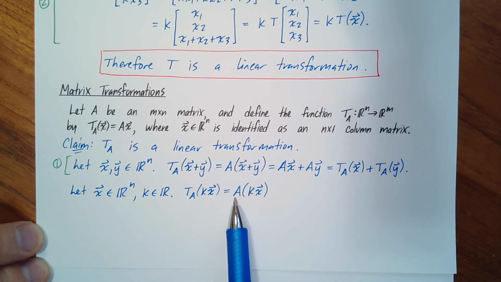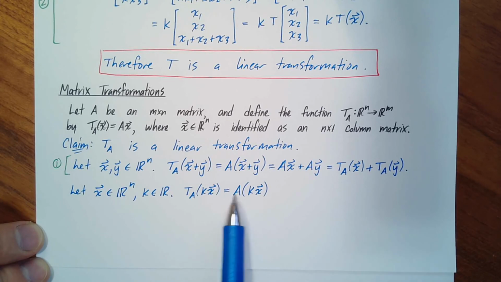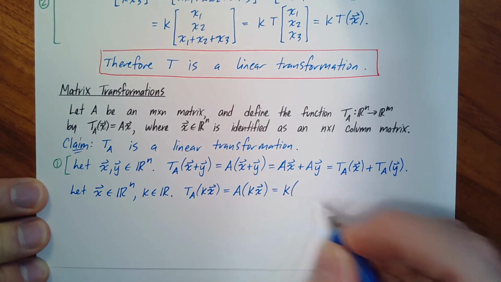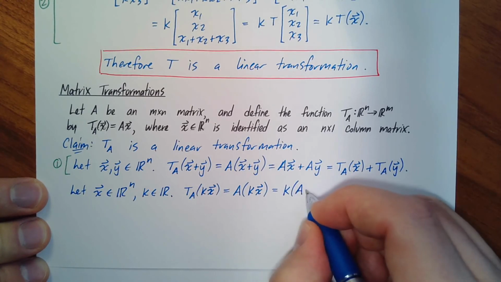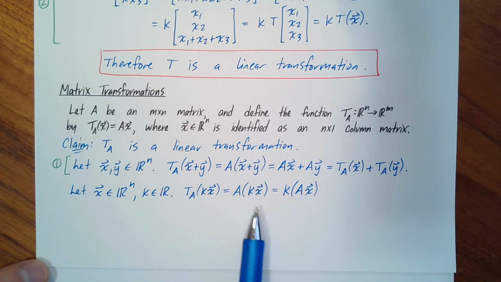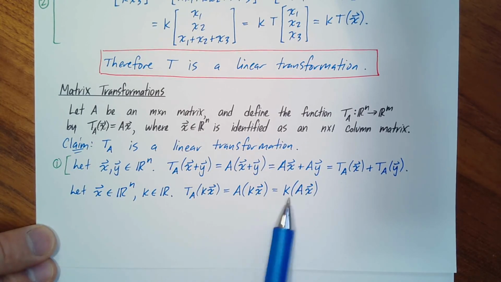If you have a matrix multiplied by another matrix, which is the product of a scalar and a matrix, that scalar can either be multiplied onto this factor, or we can pull it over, multiplied onto the A first, or we can completely pull it out of the product, which I'm going to do now, and just multiply it on after we multiply the A and the x, right? The key here is that k is a scalar, right? If all three of these were matrices, you would not be able to pull the k out in front. But because k is a scalar, we are allowed to do that.